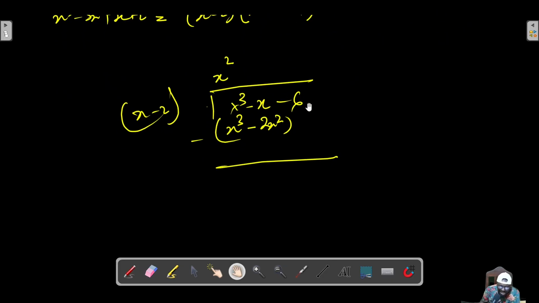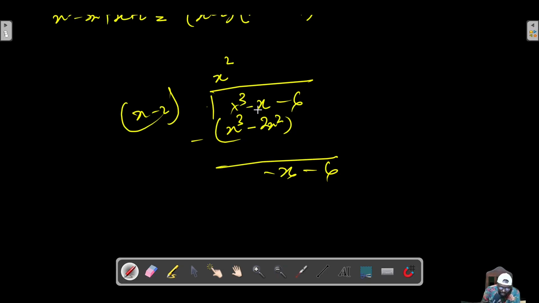So negative 6 minus 0, we end up with negative 6. Negative x minus 0, because there's no x term here, also ends up with negative x.